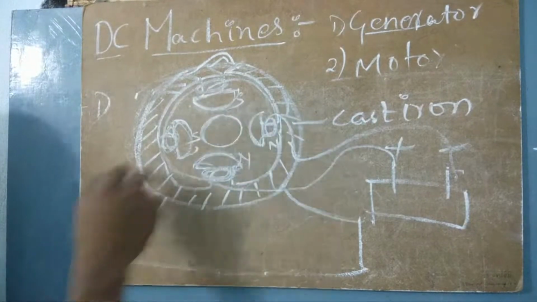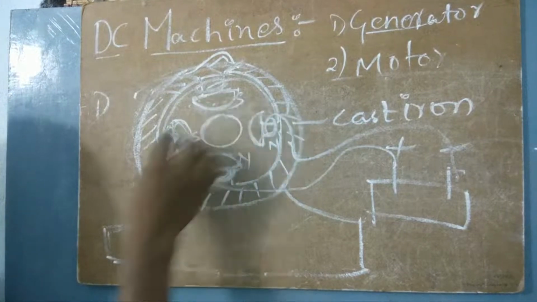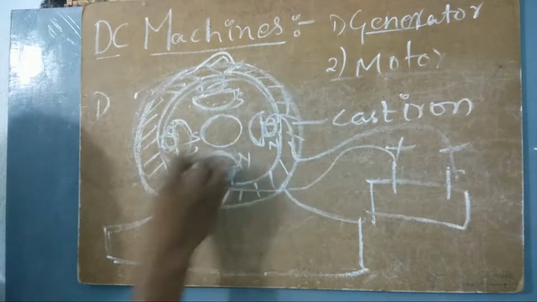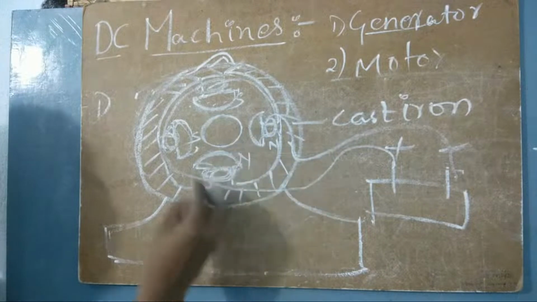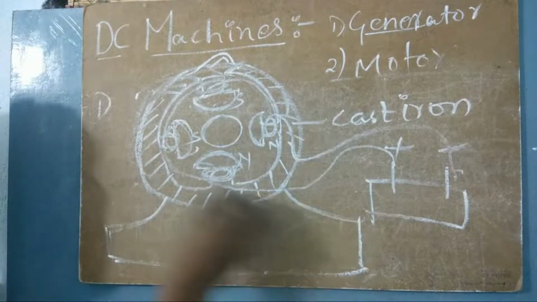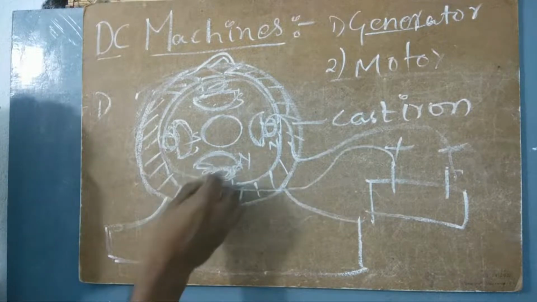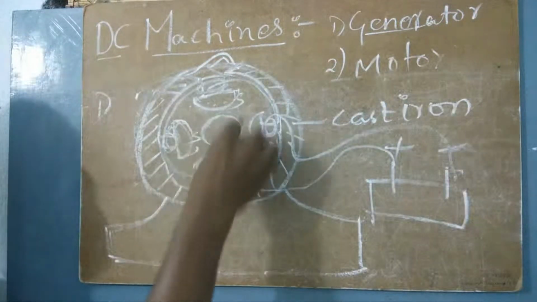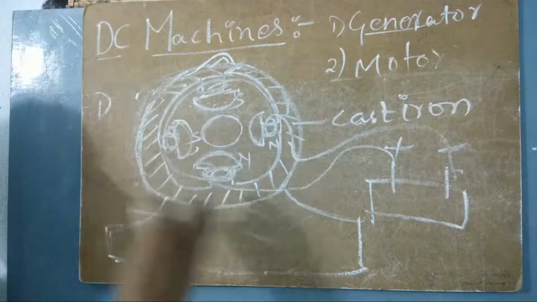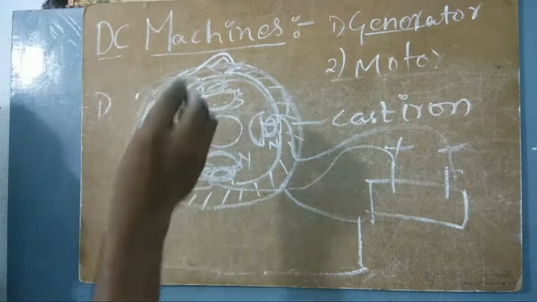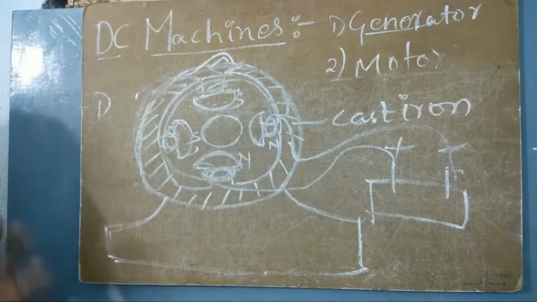So these are the poles, but why are these extra projections, like curved structures, there? They are there to hold this winding, because we are winding this with the help of a copper wire, a copper conductor. But while the rotor is moving, or while the generator is in operation, due to fluctuations there will be some vibrations.